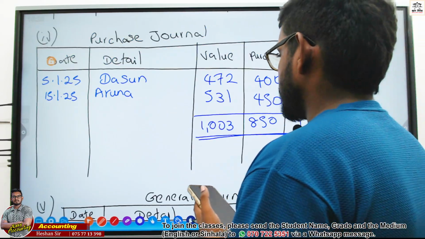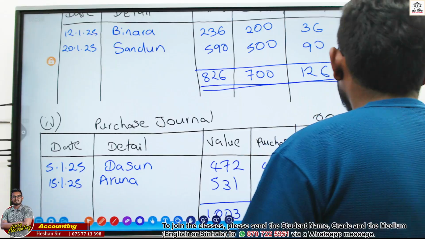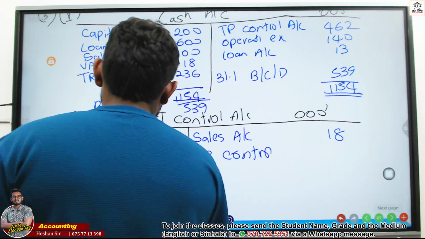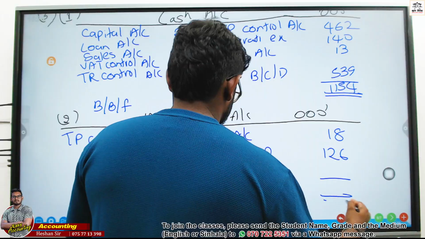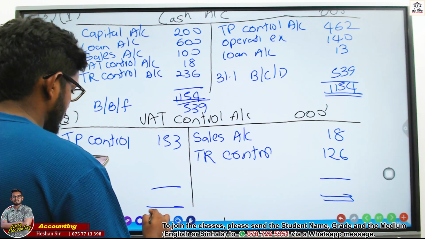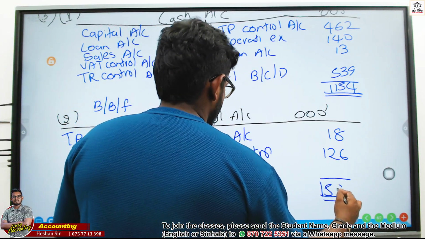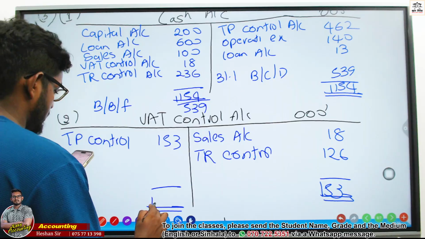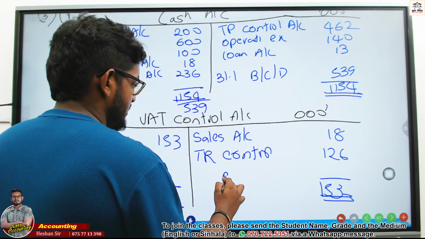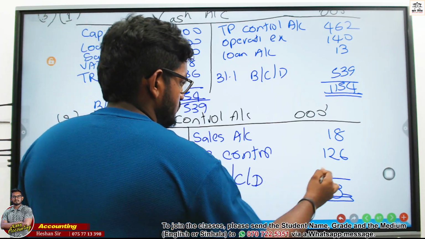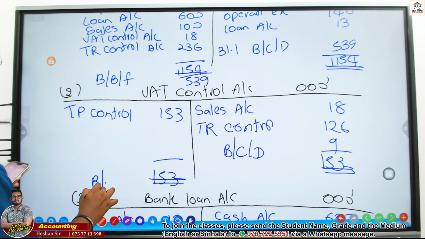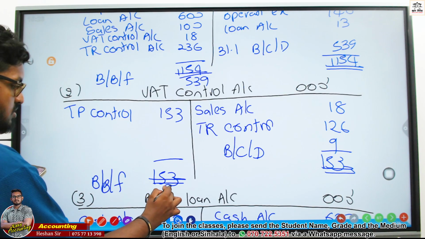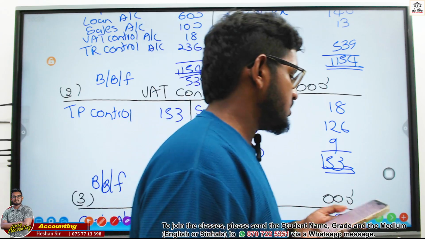That was 126, 100. You can get the total 153. It is a tax VAT credit. Send me a thumbs up because we have paid more VAT to the government.